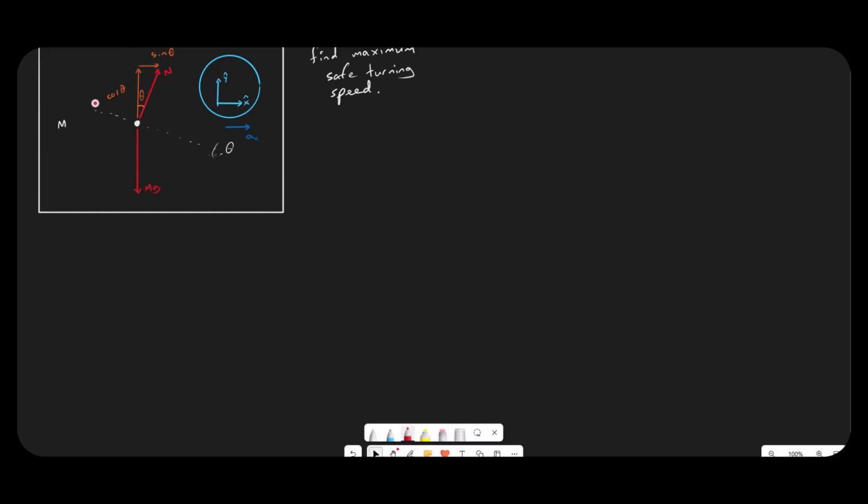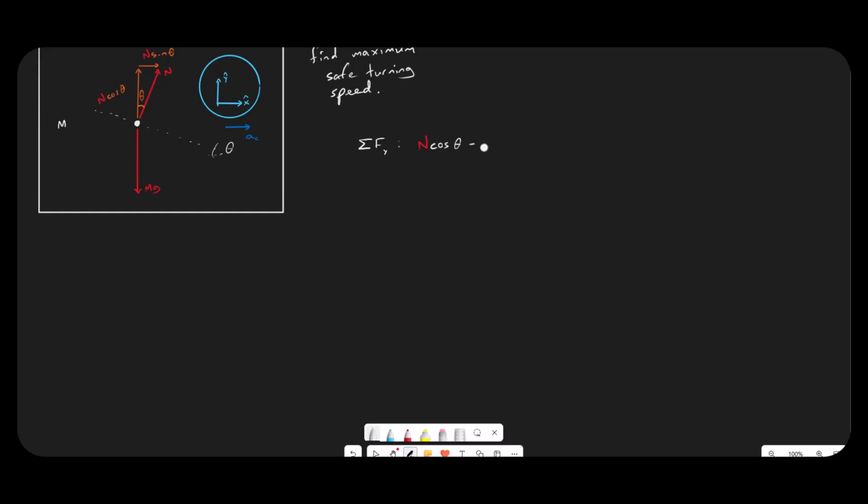When I do this, I'm going to say I have a sum of forces, and I'll do both of them. So let's do y first. In the y direction, I have normal force times cosine theta. That points in the positive y.